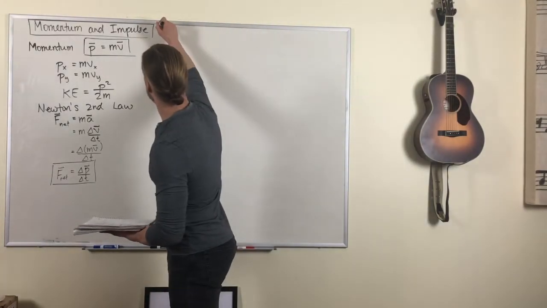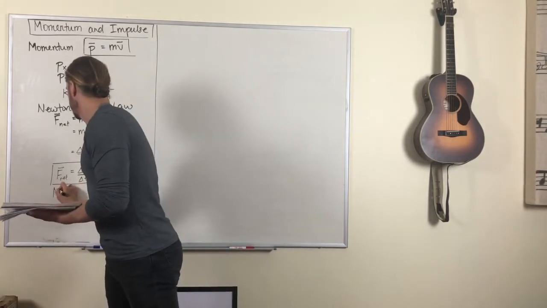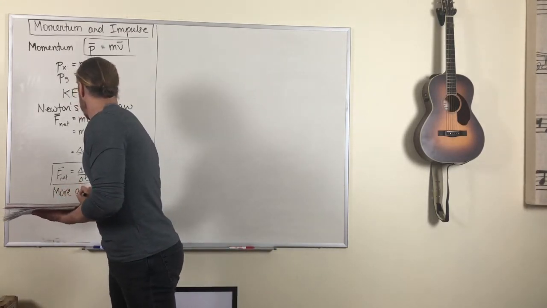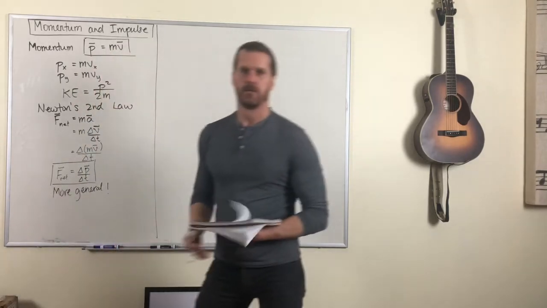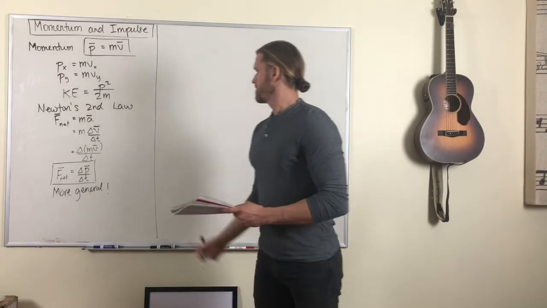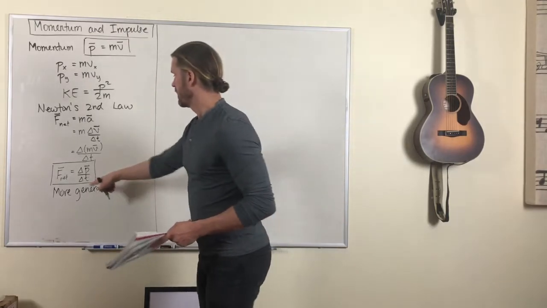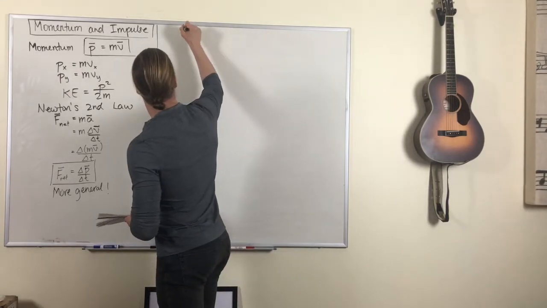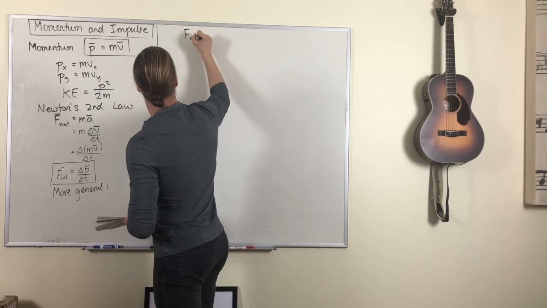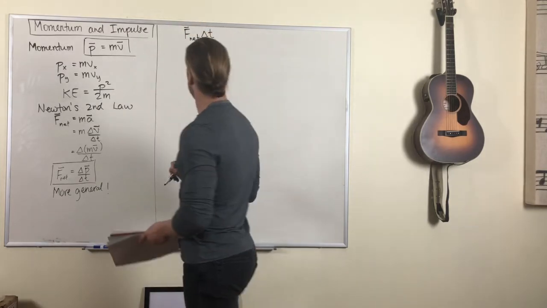And in fact, more general. All right, so let's define another quantity. Let's multiply both sides of Newton's second law by delta t. So we have F net times delta t.